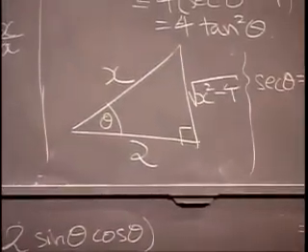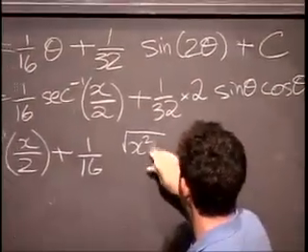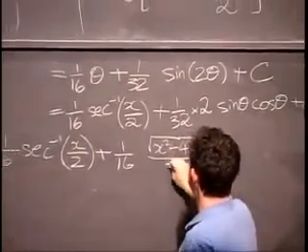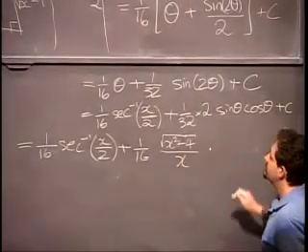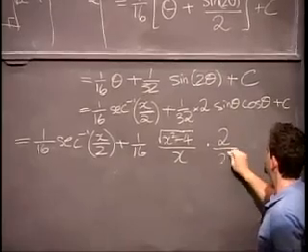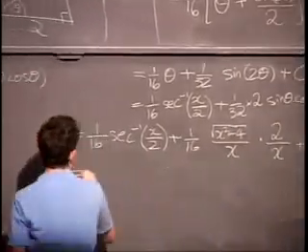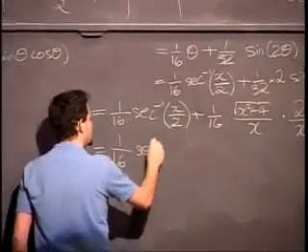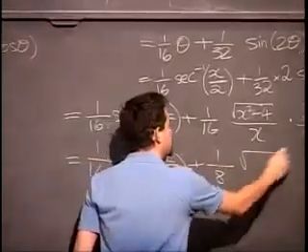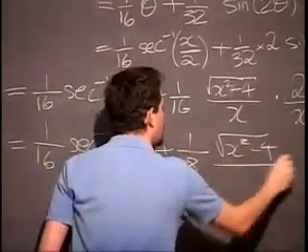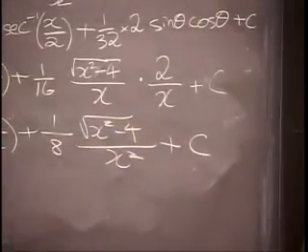It is the opposite, square root of x squared minus 4, over the hypotenuse x, times cosine theta, which is the adjacent 2 over the hypotenuse x. And so if you work this out, you get 1/16 inverse secant x over 2 plus 1/8 root x squared minus 4 over x squared plus constant. And then did I get that right? I believe so.